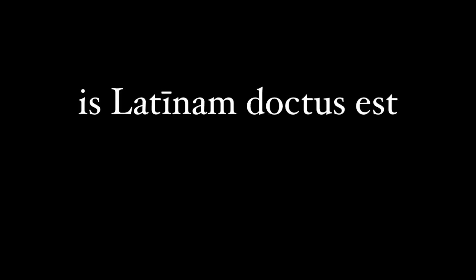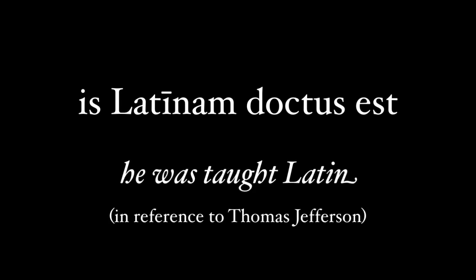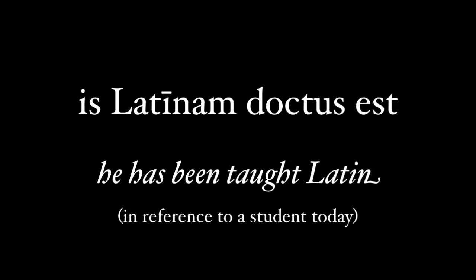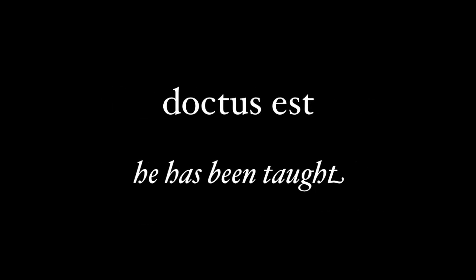So if we're reading something in Latin about the life of Thomas Jefferson, you come across the phrase, is Latinam doctus est, you'll very likely translate it as he was taught Latin, because he's in the past. But if you're reading about one of my own current students, you'll likely translate it as he has been taught Latin. Context determines everything.